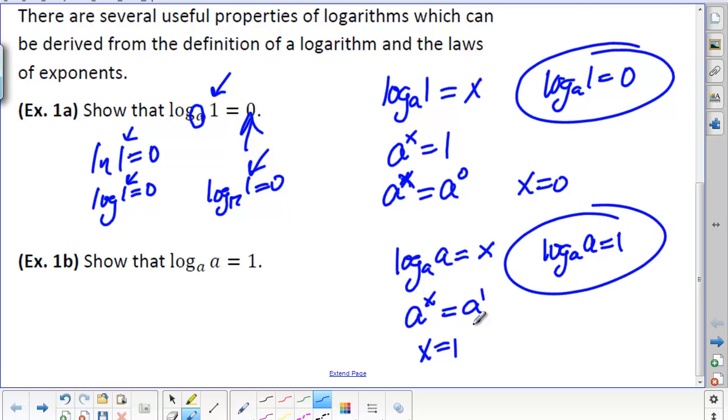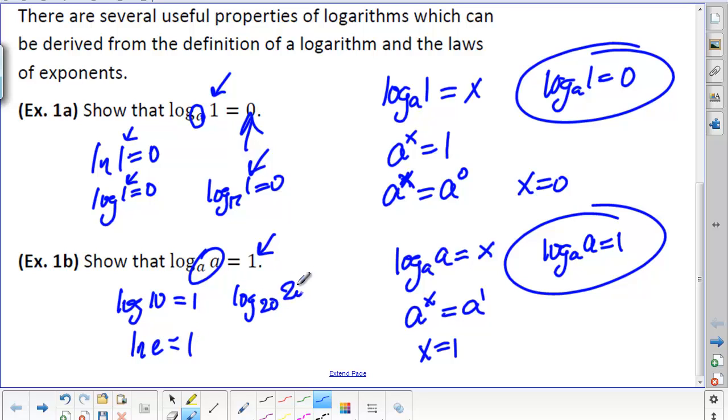And so that's our property. Essentially what this says is if those two match, then the result of that logarithm is 1. So we could say log base 10, common logarithm, of 10 is 1. Natural log of e, so base e, is 1. Log base 20 of 20 is 1. Okay, that's what that property says. Pretty simple, straightforward stuff.